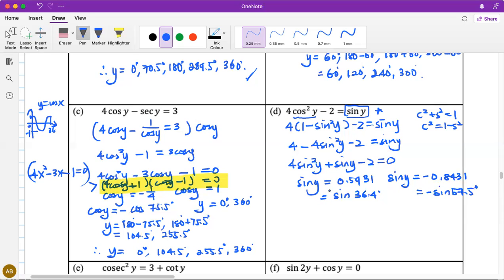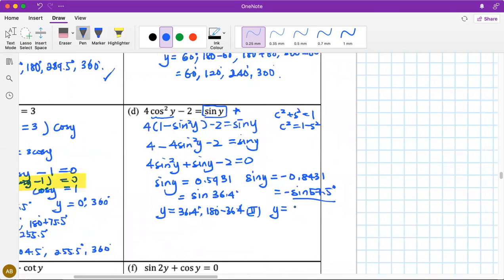Now sine y is positive, so y will be in quadrant 1 and quadrant 2. Quadrant 1 is 36.4, and quadrant 2 is 180 minus 36.4. Then here will be negative, so it'll be quadrant 3 and 4: 180 plus 57.5 and 360 minus 57.5 degree.